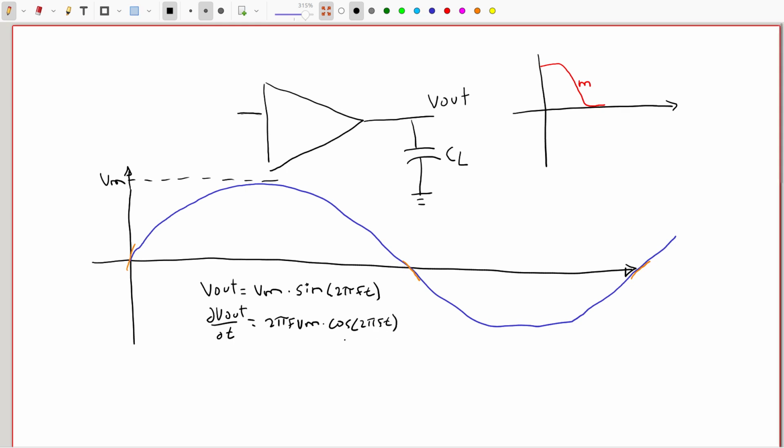And then the maximum happens when the cosine is equal to 1, and that is, as I mentioned before, here at the zero crossings at 0, π and 2π. So this term will become 1 at those phases, at those times. And then we have that the maximal slope we can define with the following expression.